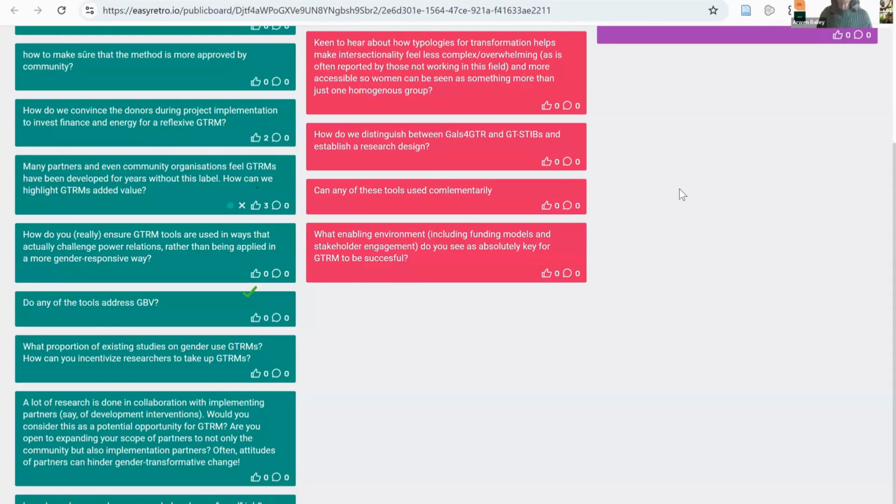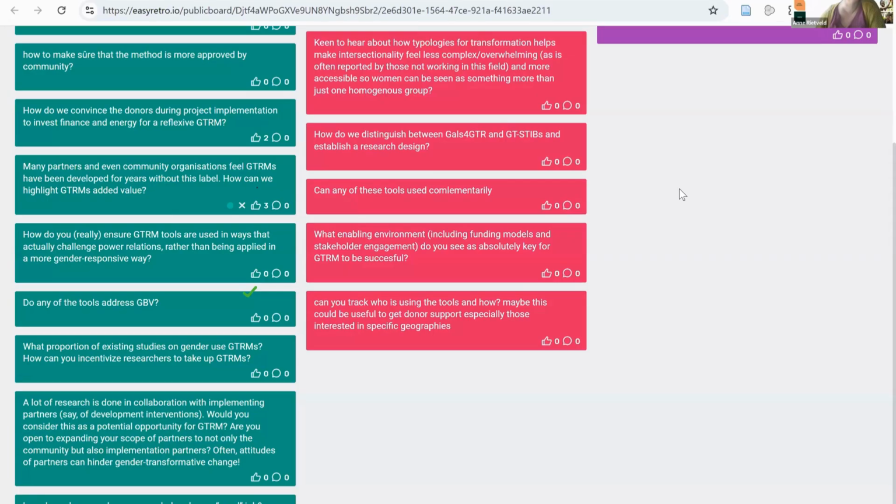And that also relates to the other question, which says a lot of research is done in collaboration with implementing partners. Would you consider this as a potential opportunity? Are you open to expanding your scope of partners? Well, I think definitely in some of these tools, they are also not only considering community partners, but they actually already have a wider scope.